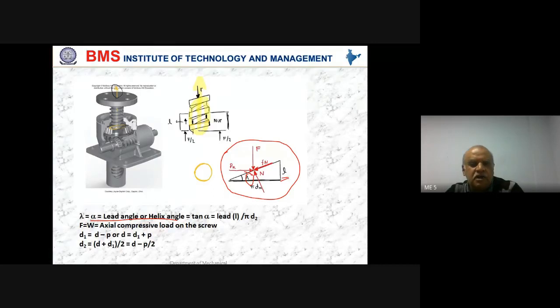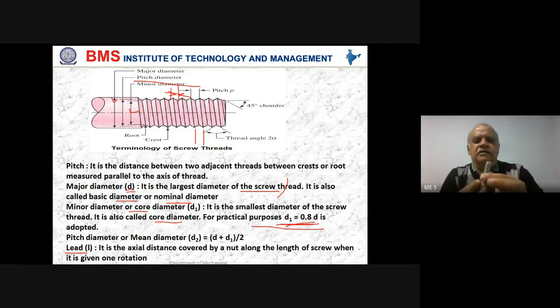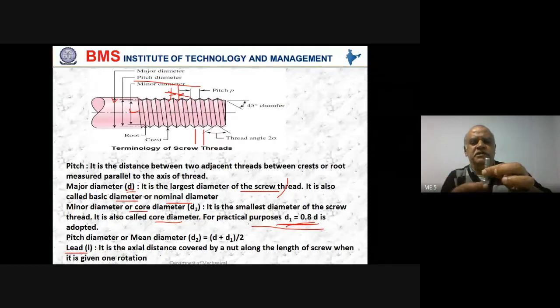Suppose I have a screw thread something like this. When I give one rotation to this, it will travel axially by some distance.